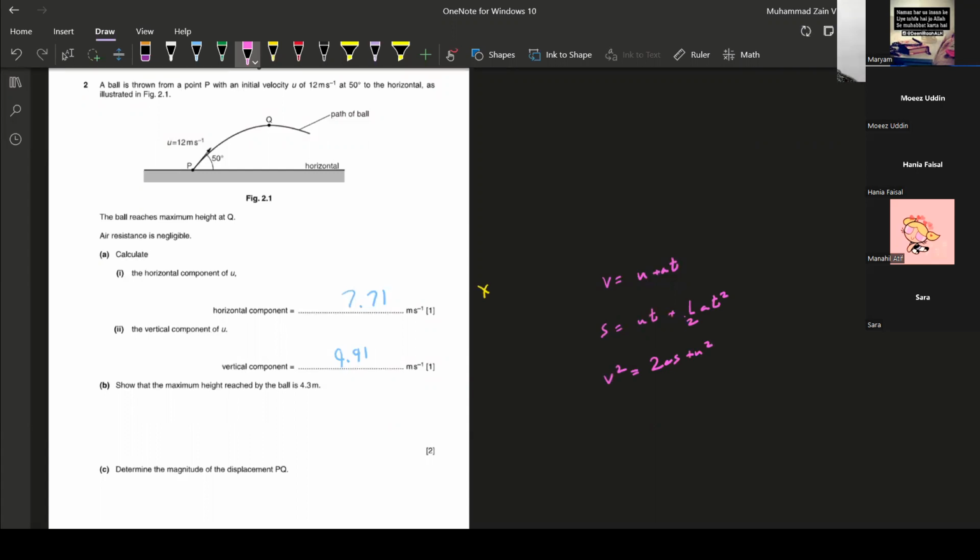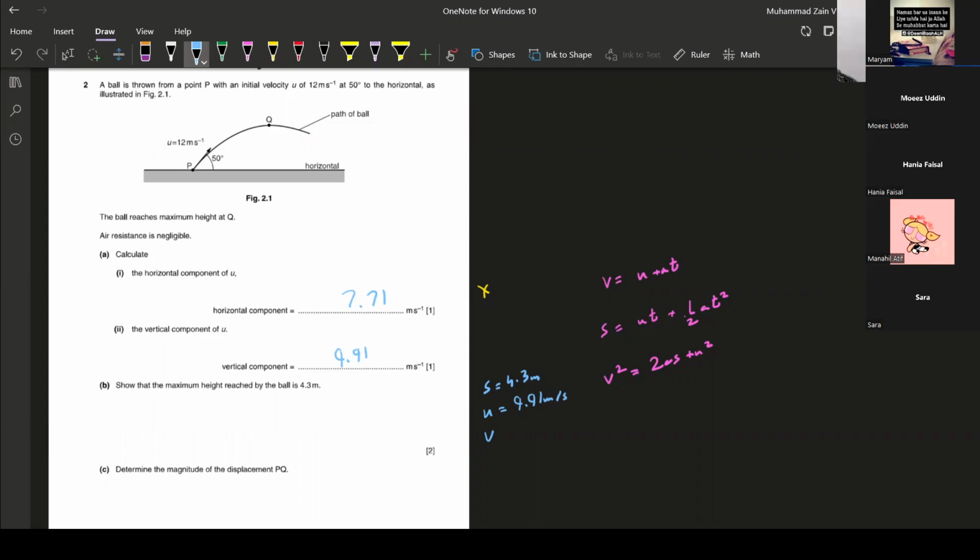The information I know is the maximum height reached by the ball. So I know that the distance traveled is 4.3 meters, and I know that the initial vertical velocity, which I would write as u, is 9.91 meters per second. Some are saying it's 9.91, and two students told me it's 9.19.